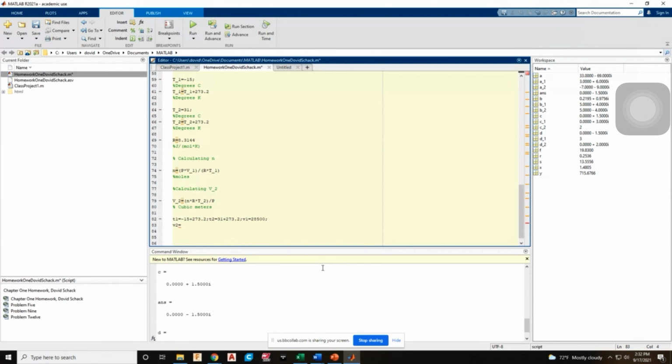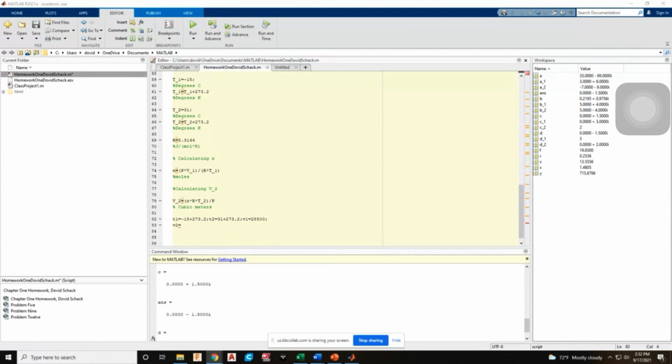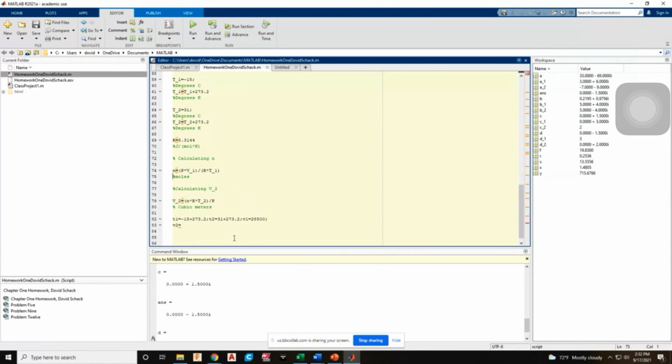Percent moles. What do you mean percent moles? What does moles have to do with anything here? Oh, that's the units, right? Okay, V2 equals T2 over T1 times V1.